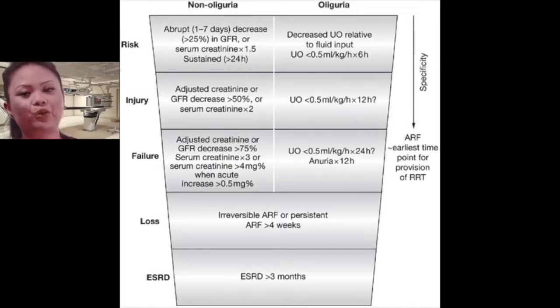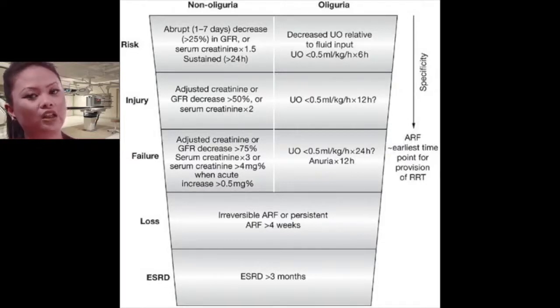RIFLE Class F, or failure of kidney function, represents a GFR decrease of 75%. Serum creatinine is tripled or urine output is less than 0.3 ml per kilogram per hour for 24 hours, or anuria is present for 12 hours.